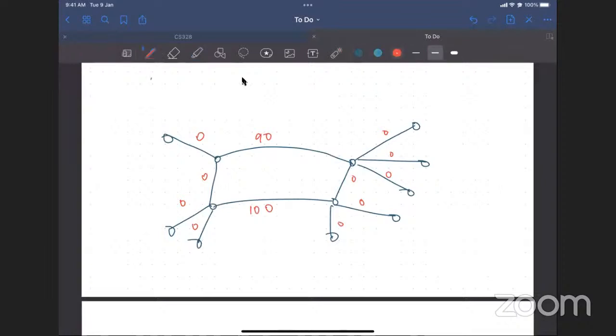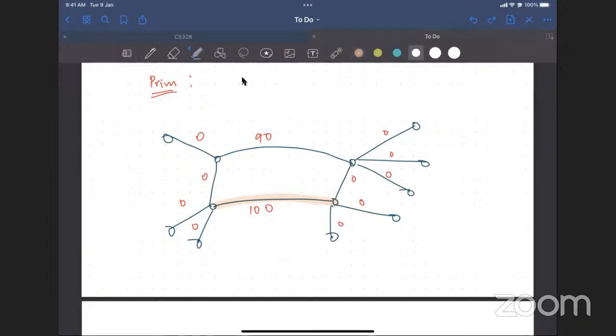So if I run Prim on this graph, first I'll get this edge, and then all the neighboring edges are weighted 0, so I'll just stop, right? Because if I try to build this tree further, I'll have to take at least one of these neighboring edges, but that will give me the product 0, so I'll just stop.